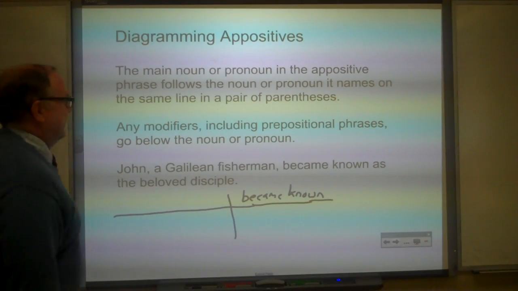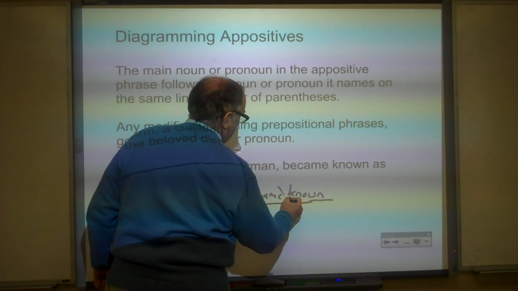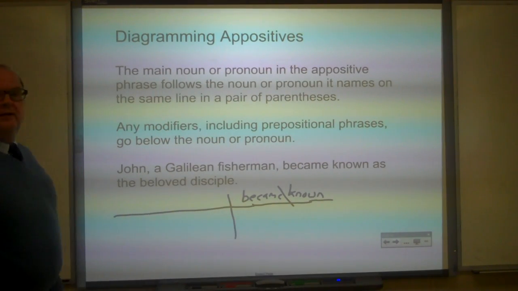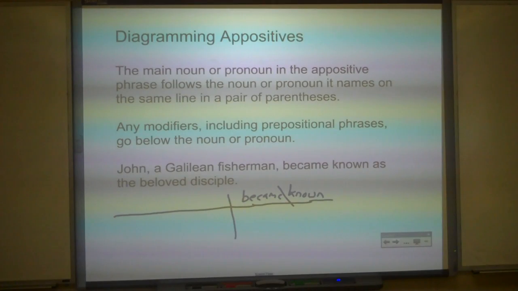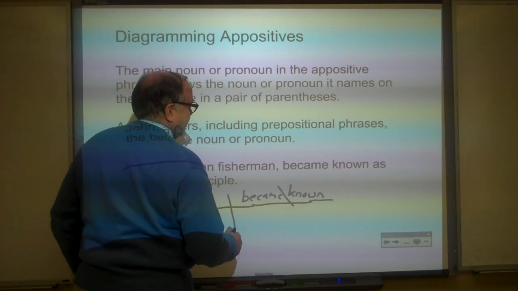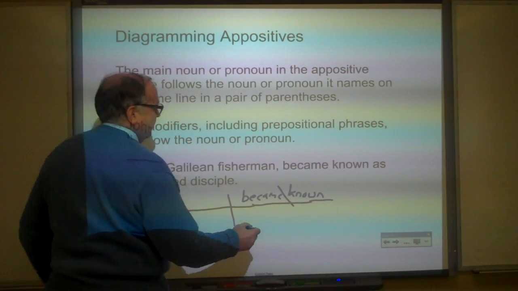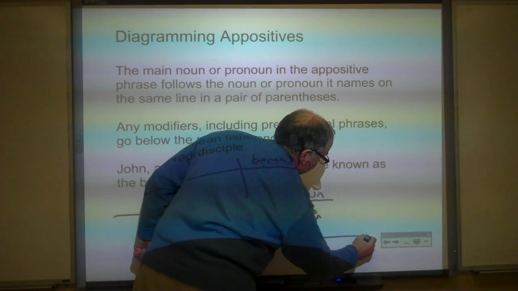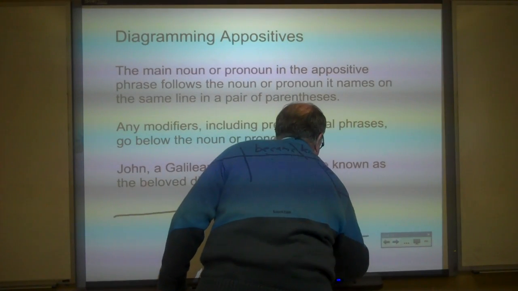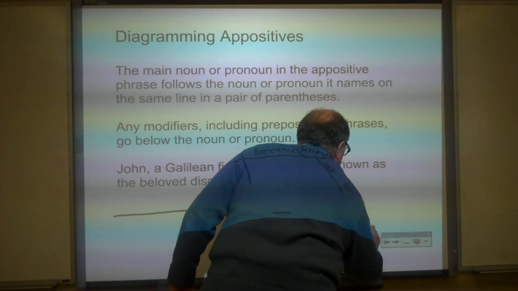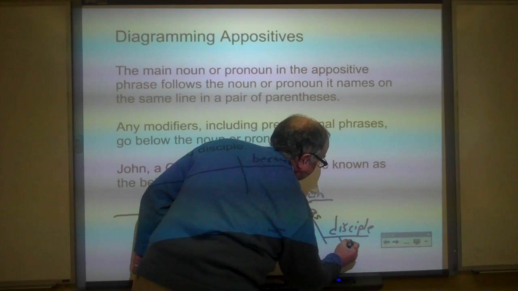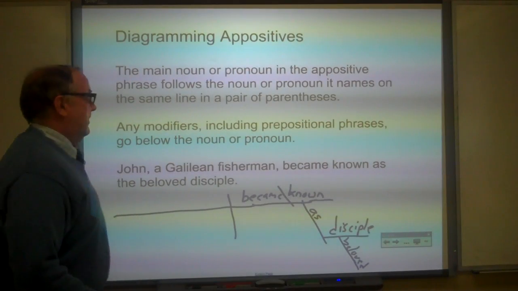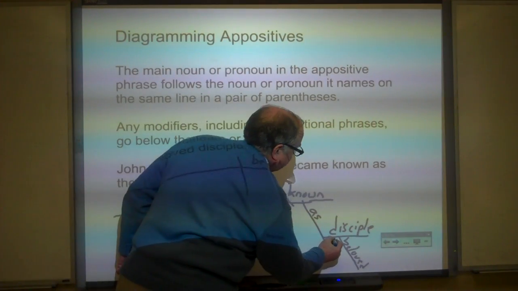I guess you could say the verb is became known, or probably be more precise, known is the predicate adjective. Okay, known as. In this case, it's a preposition. Disciple, and beloved modifying disciple. Oh, and the, also modifying disciple.